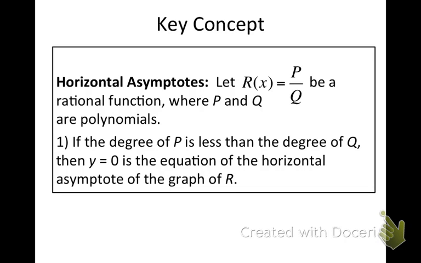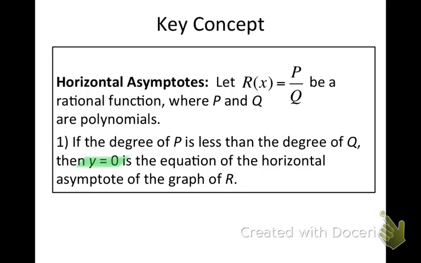Then y equals 0 is always going to be your horizontal asymptote. Smaller degree in the numerator than in the denominator means the horizontal asymptote is y equals 0.